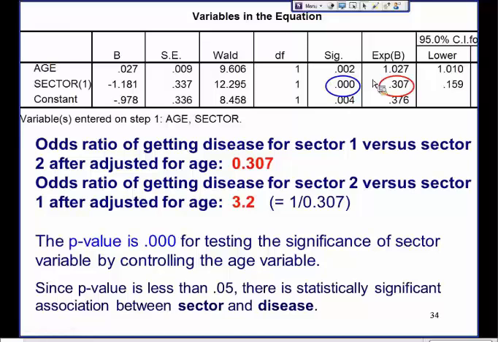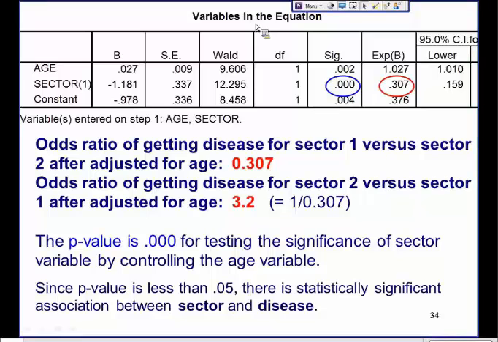Okay. So remember, when you're analyzing data from an observational study, there are always possible confounders that may mess up the whole thing, right? You may have uneven distribution in age among these people who live in two sectors. So that will make the comparison unfair.